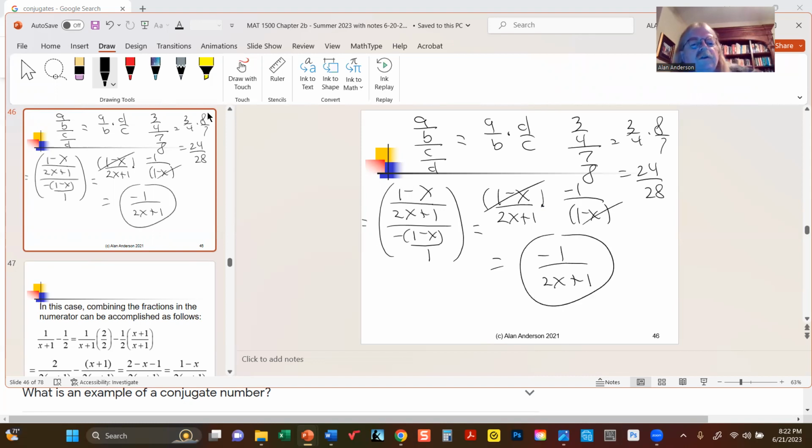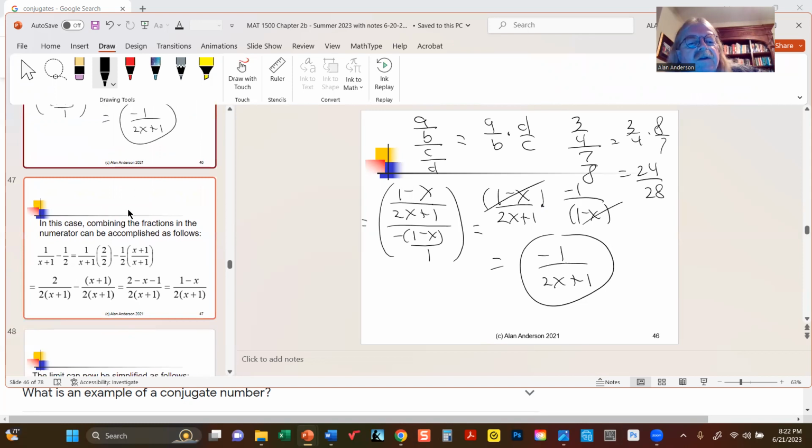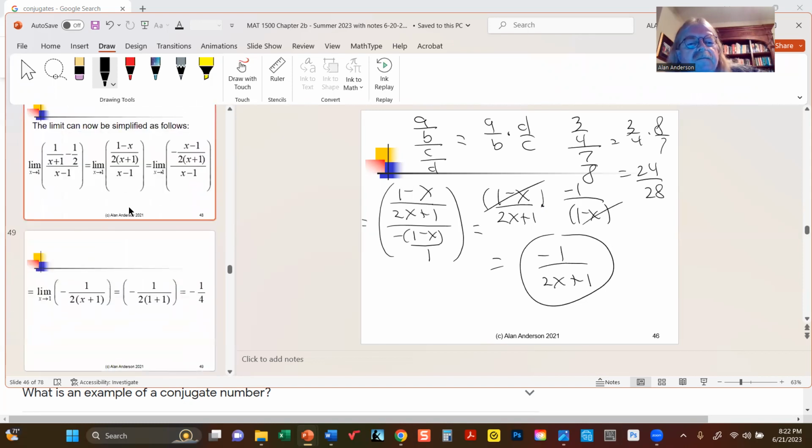And so our original messy function is going to be reduced to this. And so now I can easily take the limit.